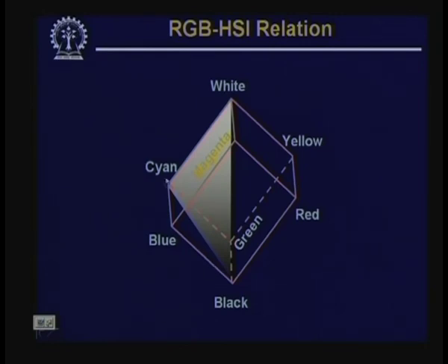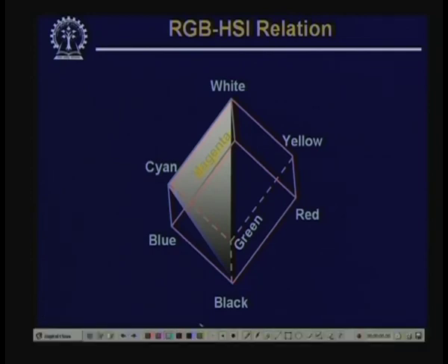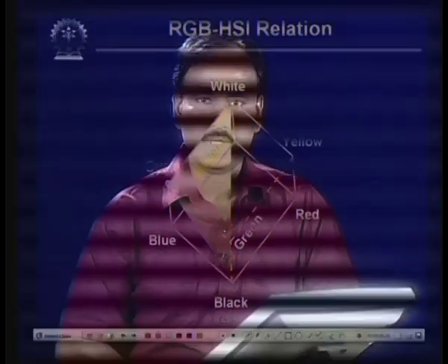The other point which defines this plane is cyan. Any points in this plane defined by black, white and cyan will have the same hue, because hue indicates the prominent wavelength of light present in a particular color.